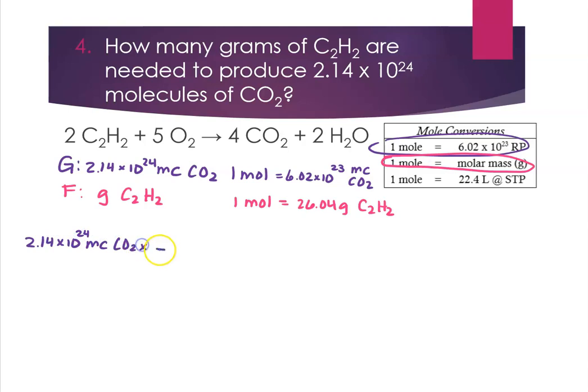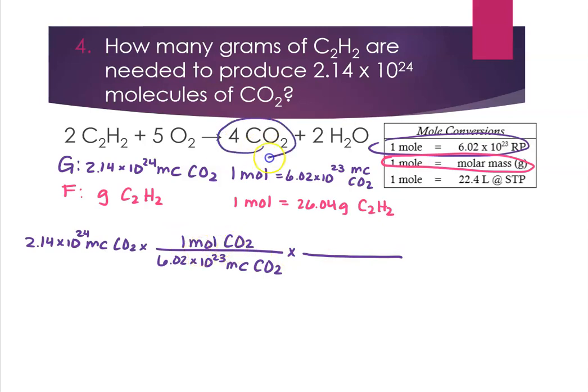All right, so I start with what I'm given, 2.14 times 10 to the 24 molecules of CO2. So to cancel molecules, I put them on the bottom: 6.02 times 10 to the 23rd molecules CO2 is 1 mole CO2. All right, and then I do my mole ratio for CO2. I have 4, so I do 4 moles CO2 on the bottom.